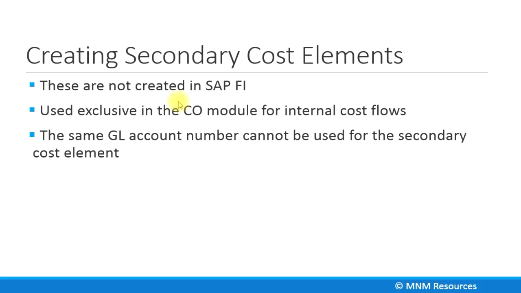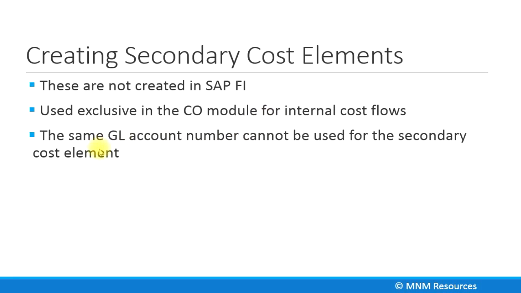So first it had to be created in the FI module, then you create it in the CO module. But that is not the case for secondary cost elements, because these secondary cost elements are purely created in the CO module. So I use the word exclusive in the CO module for their own internal cost flows for allocation or settlements. So secondary cost elements are not created in the FI module, they're only created in the CO module.